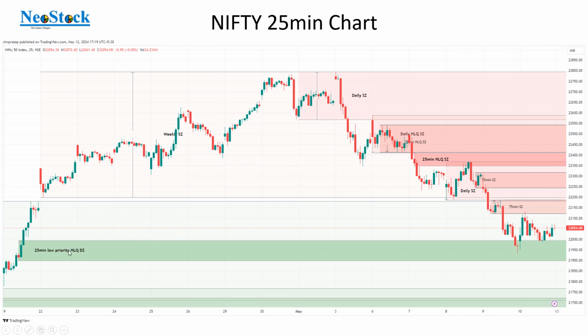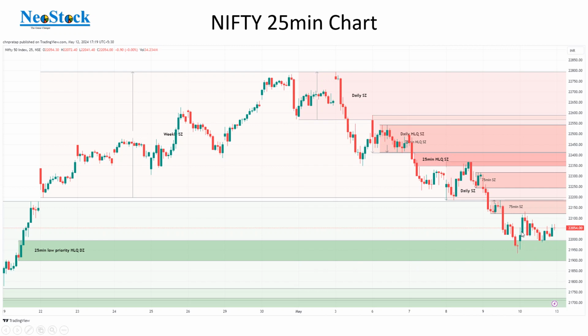This is a recently created low priority zone. Even though the zone was there, the algorithm identified it recently, not at the creation. At the time of creation, it was a normal zone. Because of the recent trend changes, it considered everything, and this zone was created as a low priority high liquidity zone. And recently it held the prices here.